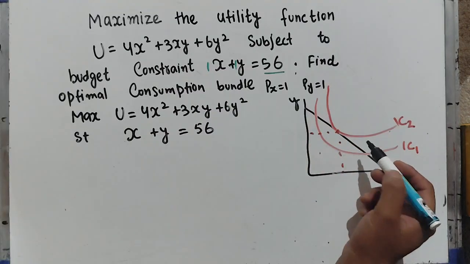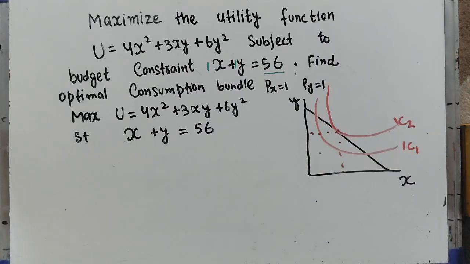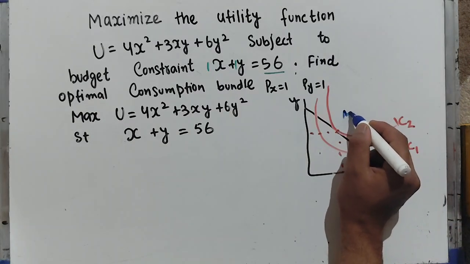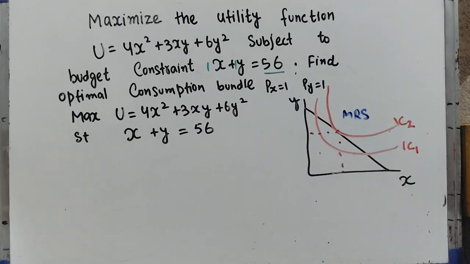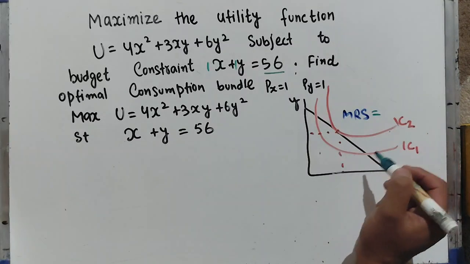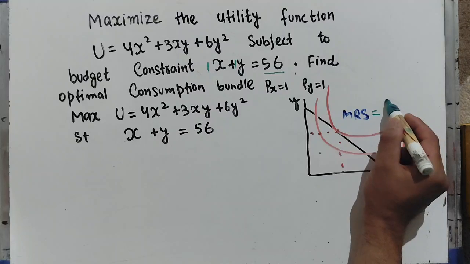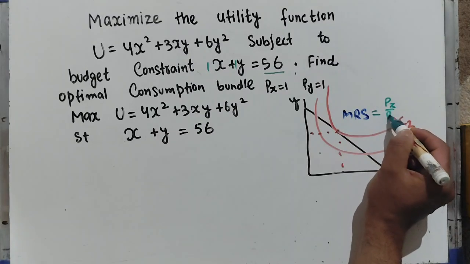So what is the slope at the point of tangency of the indifference curve? The slope of the indifference curve is simply the marginal rate of substitution, MRS, and we equate it with the price ratio, that is the price of good x upon the price of good y.